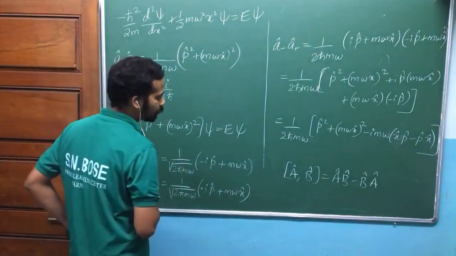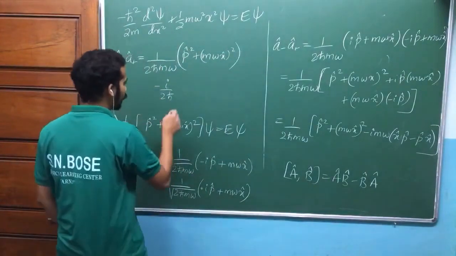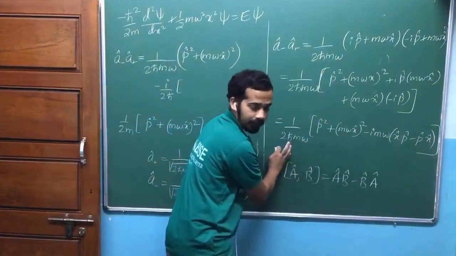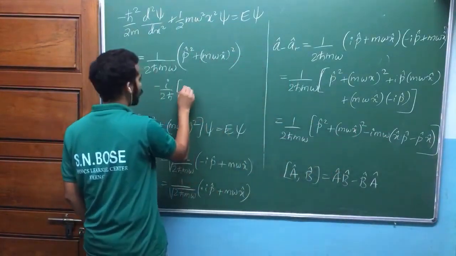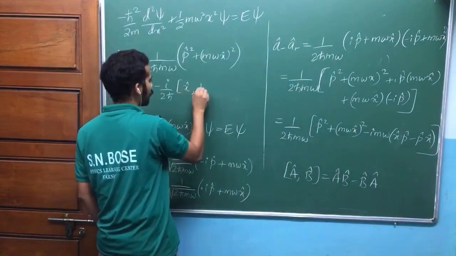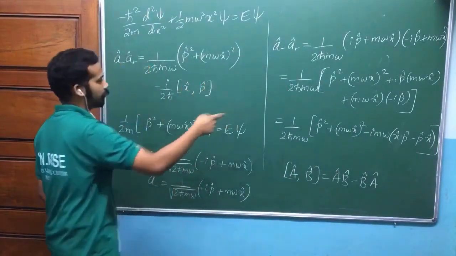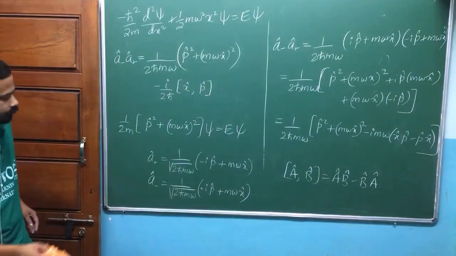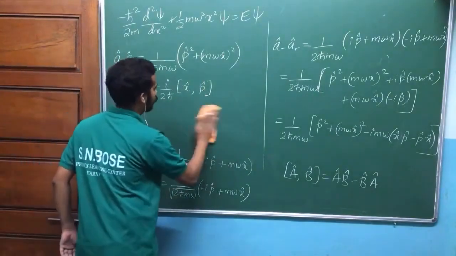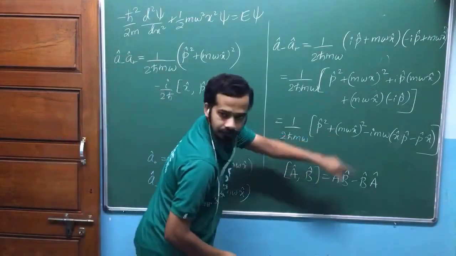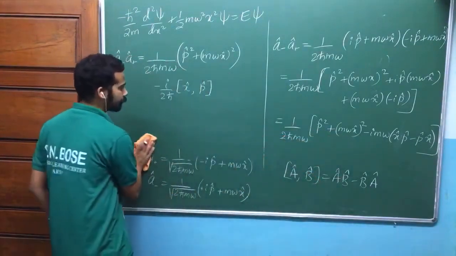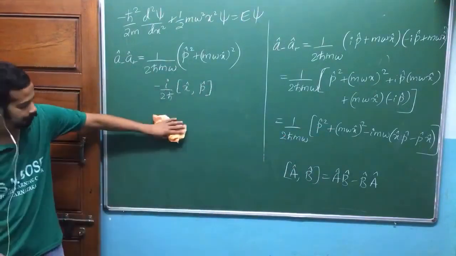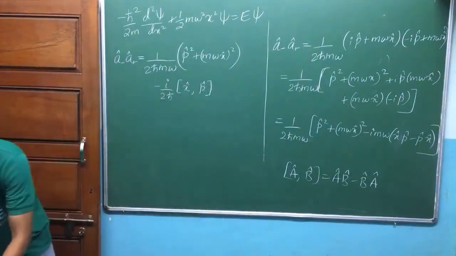Minus i by 2 h bar, the commutator; again I have taken this one inside. Are you getting my point? The commutator between x cap comma p cap. Can I write the multiplication like this? m omega got cancelled. 2 h bar remained when I take it inside. Is that okay? Just see that one.